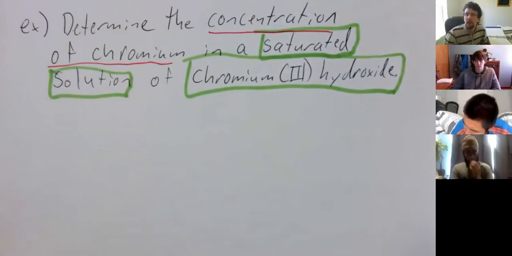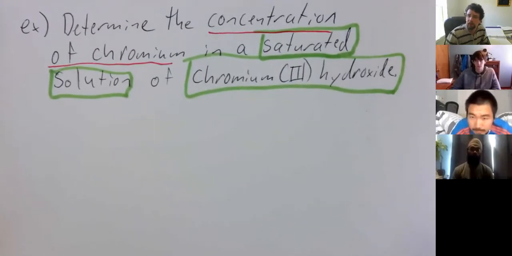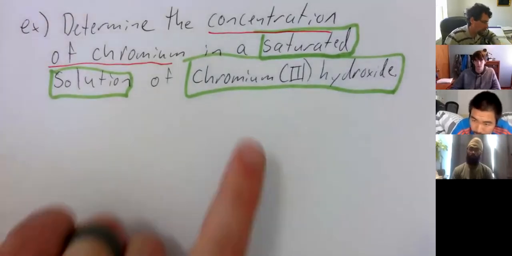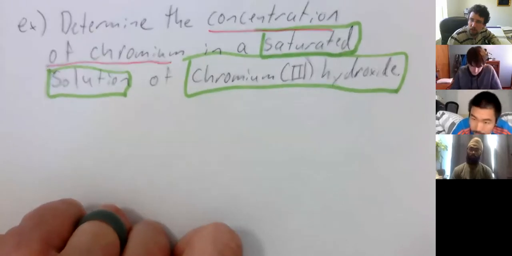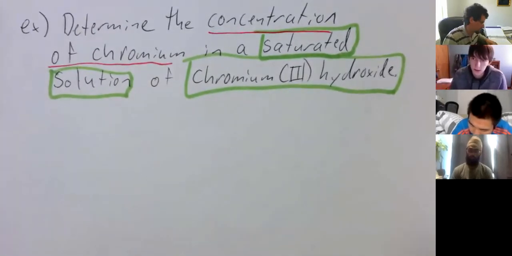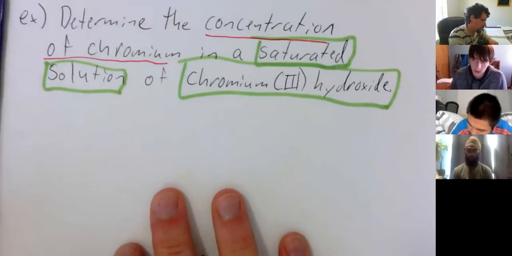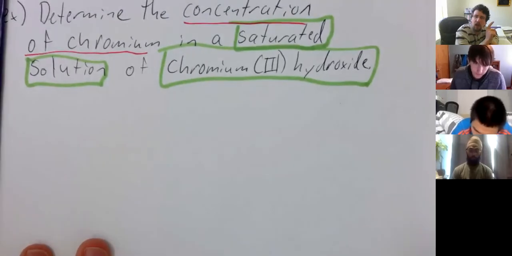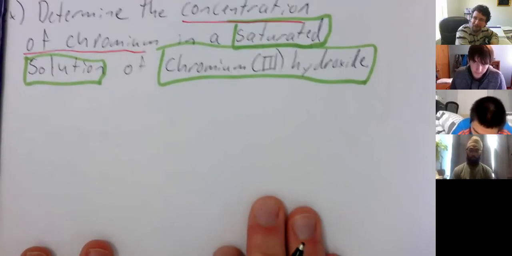Okay. Where should we start with this problem? Balanced equation. Okay, balanced equation. So what do we need a balanced equation for? Dissociation of chromium hydroxide. Yep, so chromium 3 hydroxide, we need the dissociation of that. What is the formula for chromium 3 hydroxide?